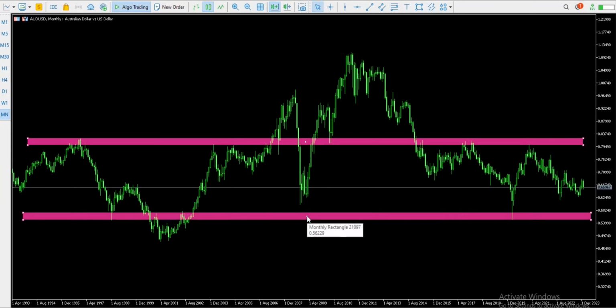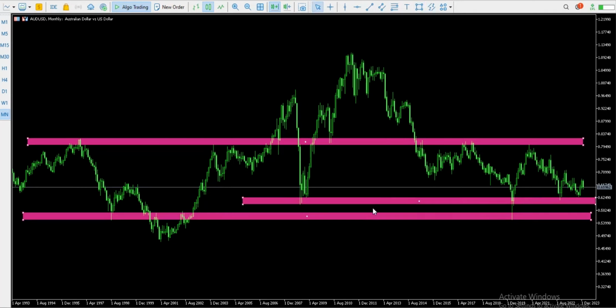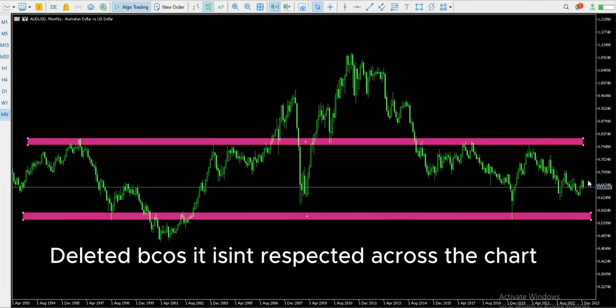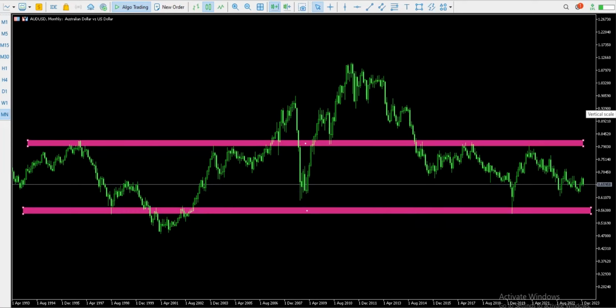So this is another major key level that I'm seeing in this chart. Is there any key level that I cannot see? So this and this are the two major key levels where I think the chart can bounce from.